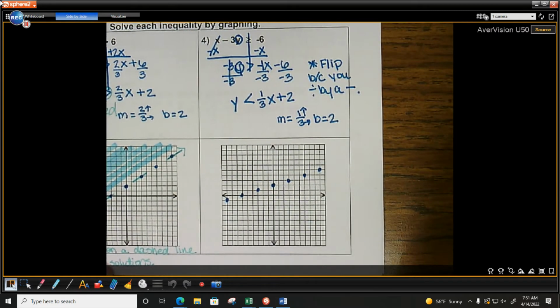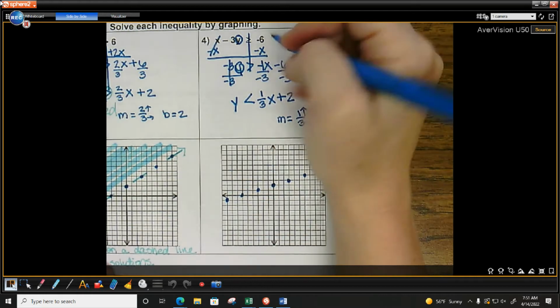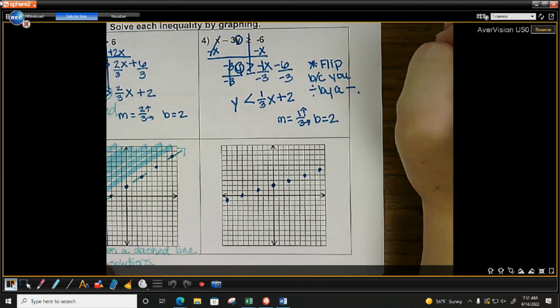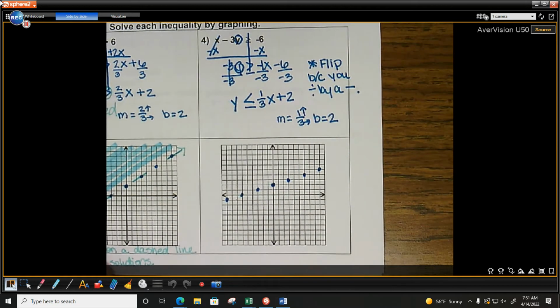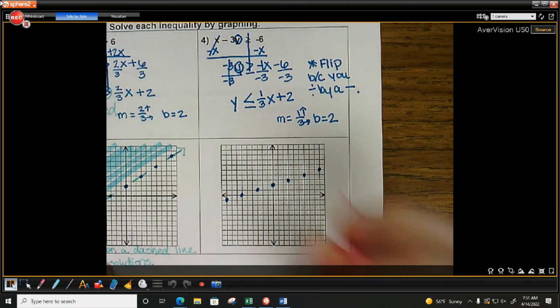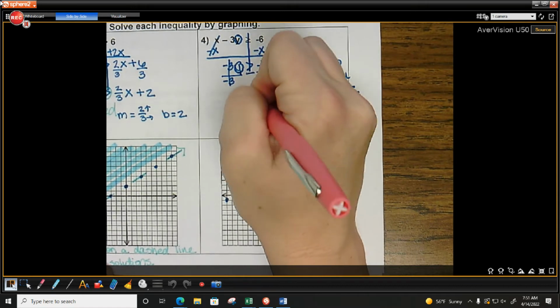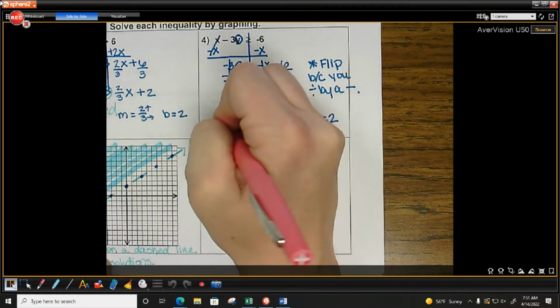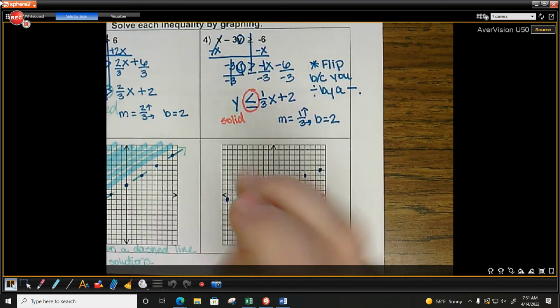Anyone? You shook your head yes, Renee? What did I do wrong? See how this was a greater than or equal to and I left off the equal to? Sorry. Okay, so now looking at this inequality sign, is that going to be solid or dashed? Solid. I see the solid line under the inequality, so it makes a solid line.